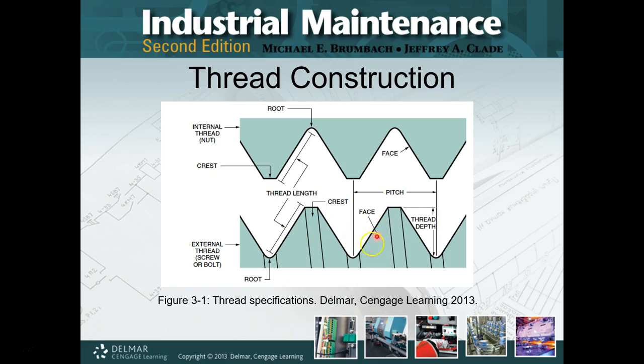So we got it right here. And last but not least, we're going to look at the difference, the elevation, if you will. If you want to look at the crest as being a mountain peak and then the root as being a valley below, like you're looking at the elevation change, that's going to be the thread depth. So this is what we've got going on. These are the different parts of threads that we need to be concerned about.